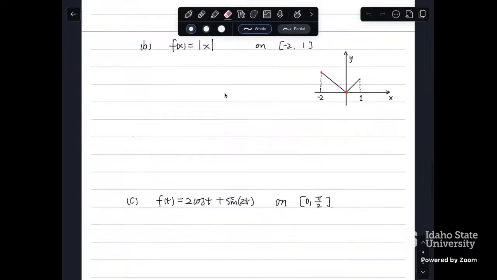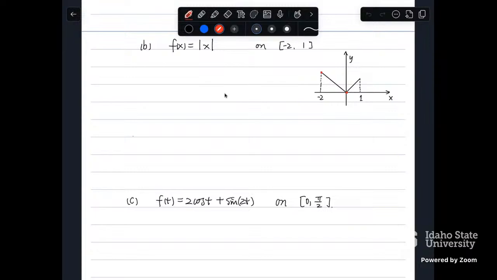So there are a couple more examples. The second example we consider here is the function f of x equals the absolute value of x, and we know this function is continuous. So this is a continuous function defined on this interval.